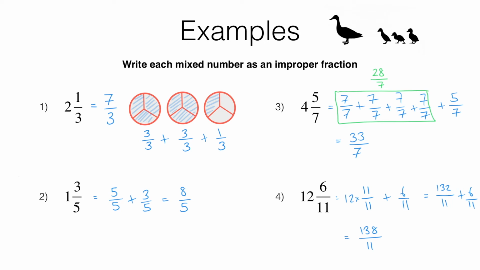And the reason that works is that when you multiply the denominator by the whole number, that tells you how many, in this case, fifths you would need in all of these wholes. In question 3, 7 times 4 gave you 28. That is how many sevenths you had in the 4 wholes. And then all you had to do was add on this 5 to account for the extra 5 sevenths. So 28 sevenths plus 5 more sevenths made 33 sevenths.